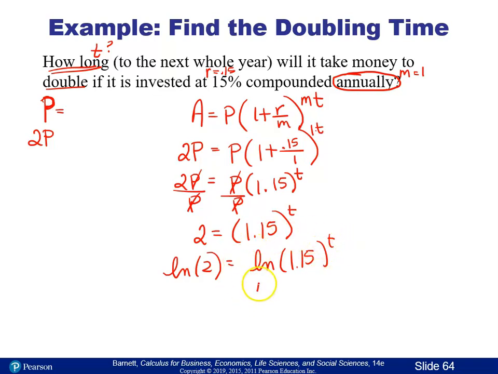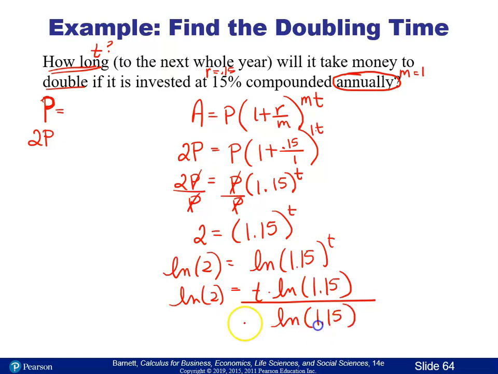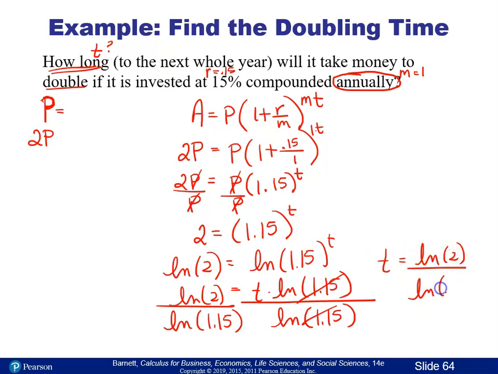That'll let us bring the t down in front. Then I'm going to divide that away so that I get the t by itself. So t is going to be the natural log of 2 divided by the natural log of 1.15.